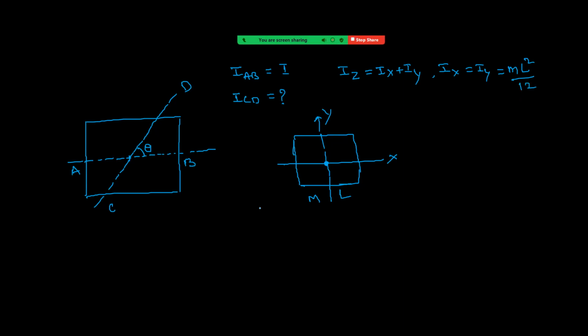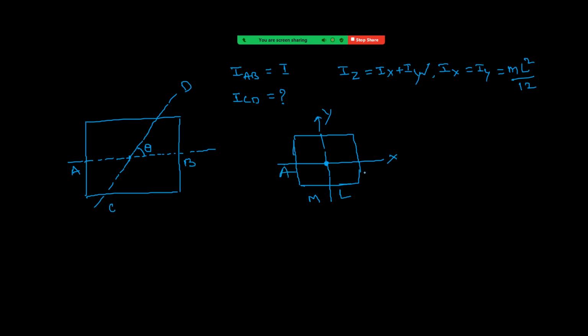Now if we rotate these two axes, x and y, by any angle in the same plane, the same relation is still valid. That means Iz equals Ix plus Iy and Ix equals Iy. Same logic here. We are just rotating these two axes.